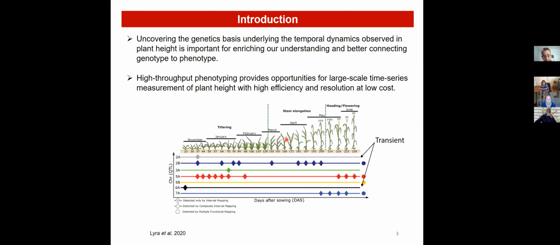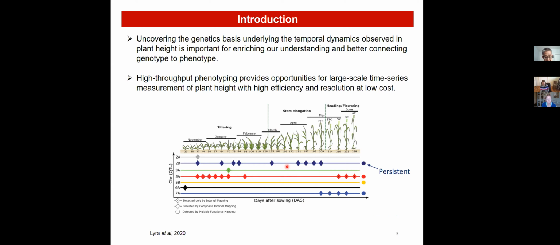The first one is a transient QTL. A transient QTL is a QTL that is detected only during the early phase of the growing season, but then disappears later on. The second type of QTL is a stage-specific QTL. A stage-specific QTL is one that is detected at a particular developmental stage during the growing season. And finally, we have what they call a persistent QTL, which is detected more or less throughout the entire growing season.